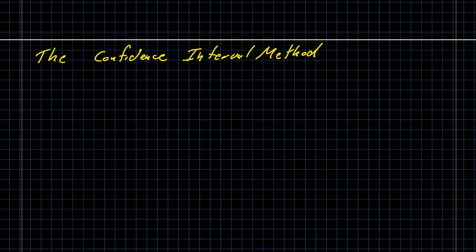In this video, I showed you the confidence interval method for performing a hypothesis test. This is one of 3 approaches that are available. The traditional method involves playing around with the z-score directly.